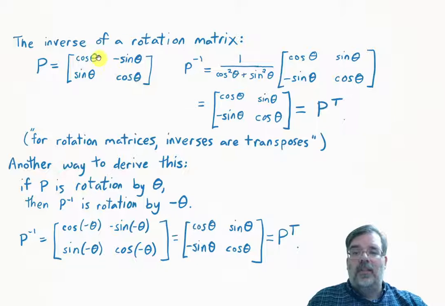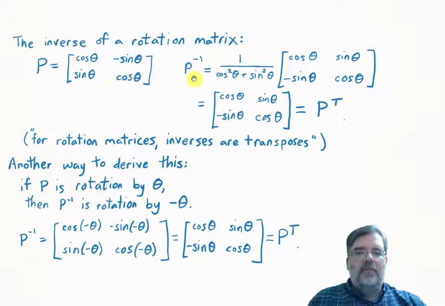Furthermore, switching cosine theta with cosine theta, no real change. Negating these two, and again, they both have sine theta. It's just like the negative sign jumps from here to here. In fact, the inverse of a rotation matrix looks a lot like the original rotation matrix, except that the negative in front of the sine jumps down to the negative in front of the other sine.